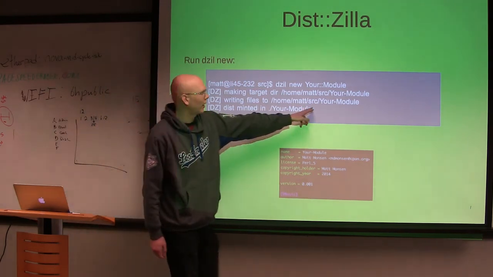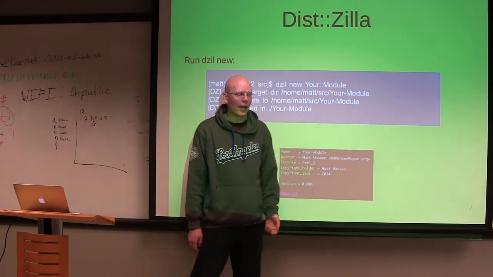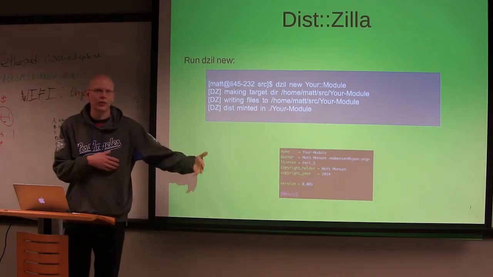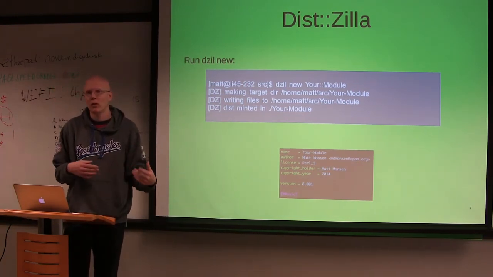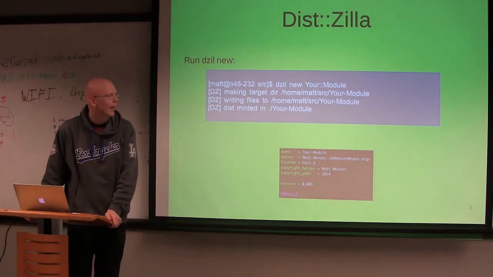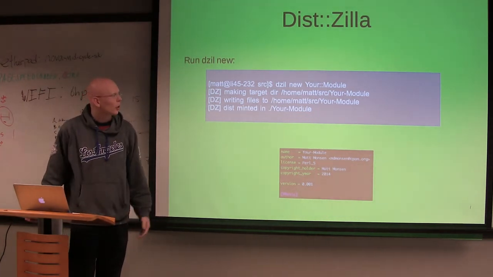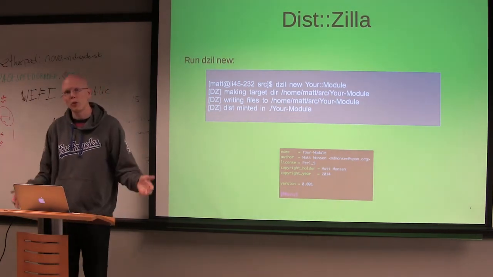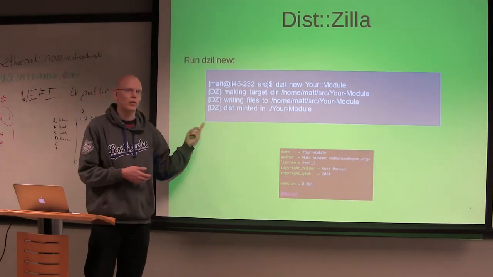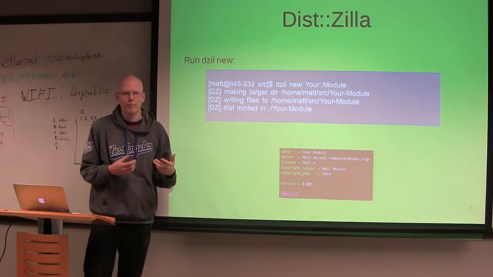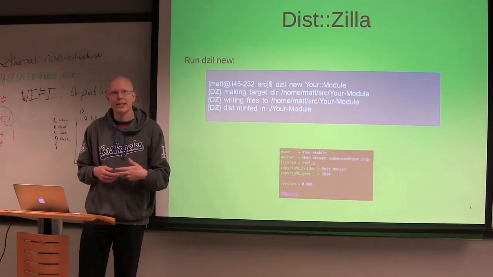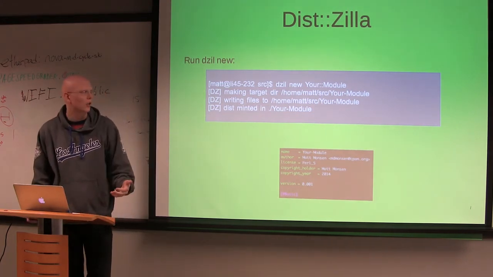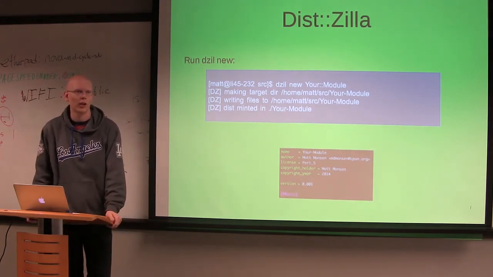Inside of here, there will be a lib directory and your Module.pm. And it has the stub already for the module PM, has warnings and strict on, and you can just start writing your code. You can do that, or if you already have an existing one, you can take your existing library, move it over, and dzil has options for converting and taking an already existing module and packaging that and making sure it's all up to date.